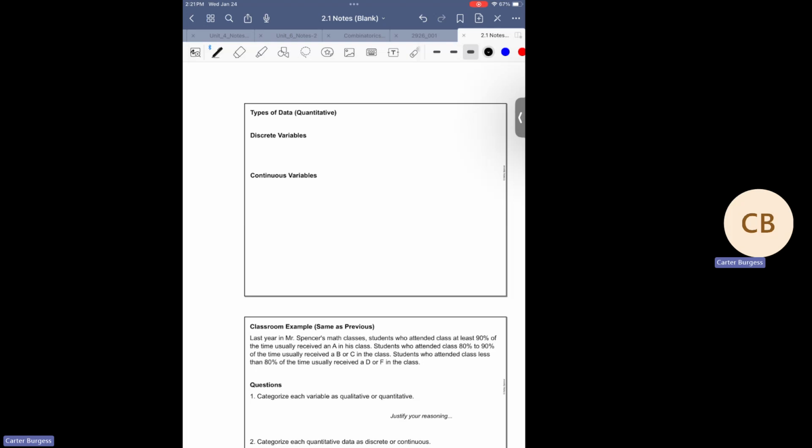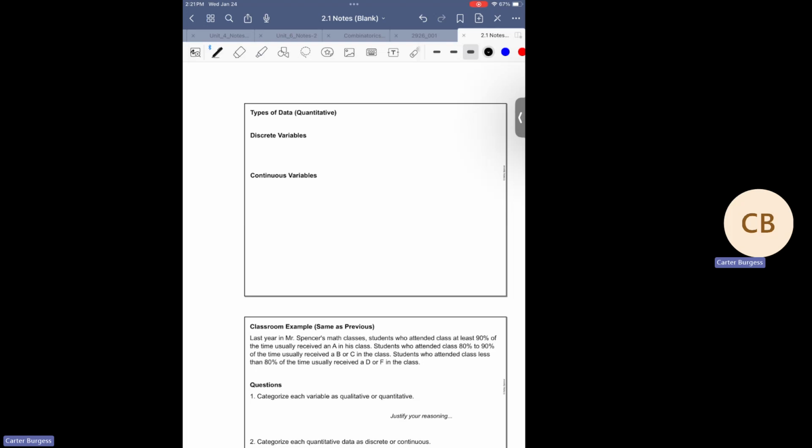Discrete variables are going to be those variables that have space between them. This is like our sweatshirts, right? So we have a definitive number. This is like a count almost of, say, number of people who are wearing sweatshirts. Important to note, this is often going to be done with whole numbers, with natural numbers. It doesn't need to be.